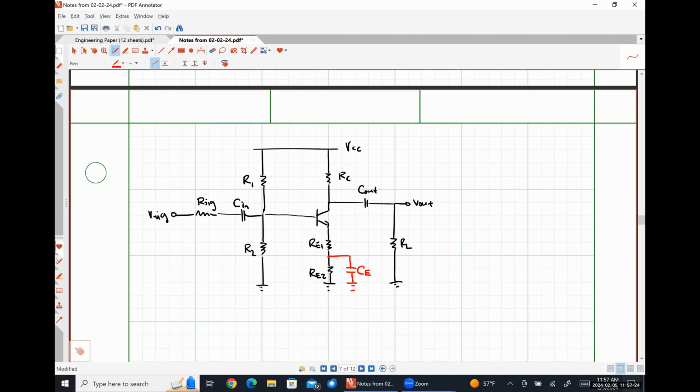Typically speaking, RE1 is smaller than RE2 so that we get the full effects of an emitter resistance in the DC biasing network, but we only have this small degeneration so that it doesn't greatly decrease our gain while still giving us a pretty significant boost to the input resistance of the amplifier portion.